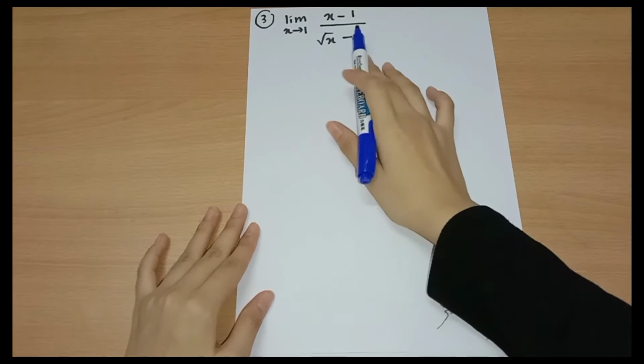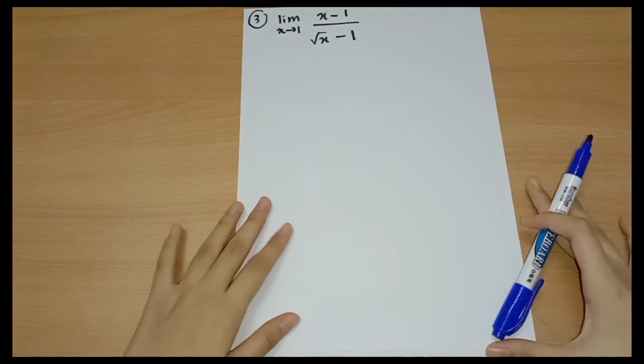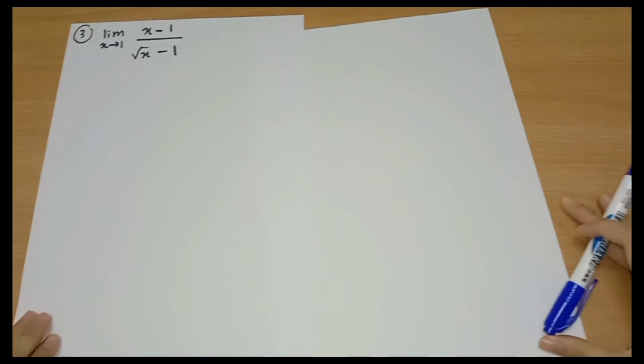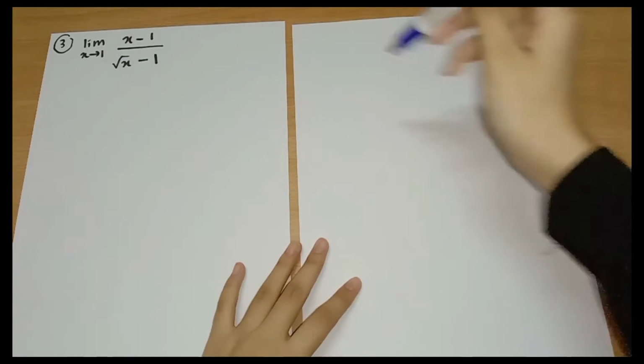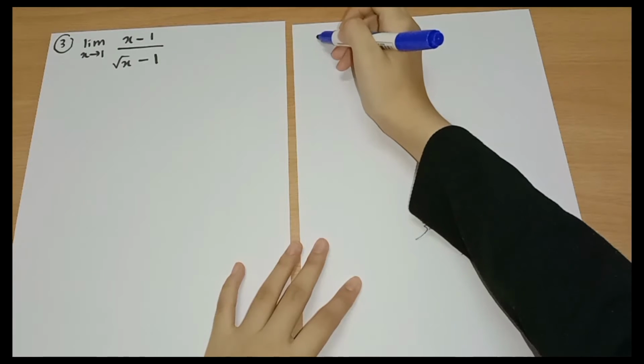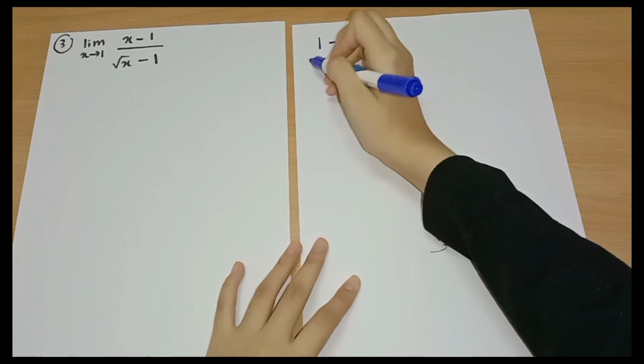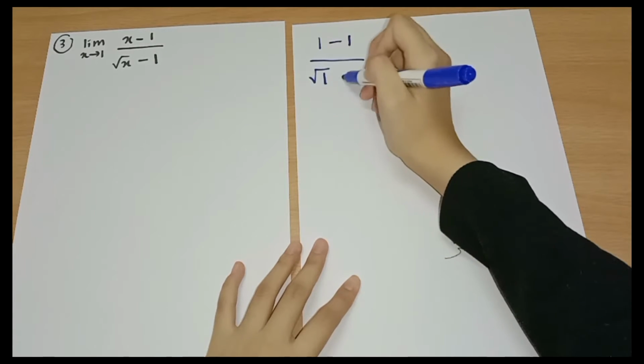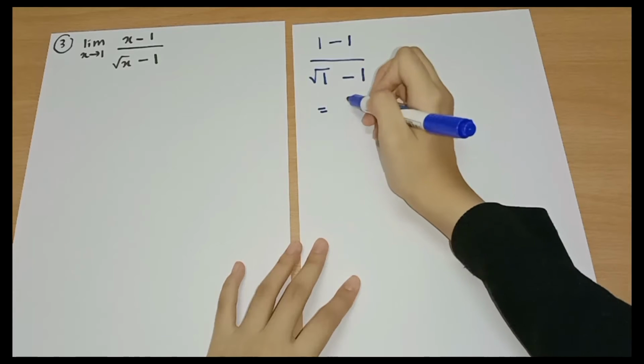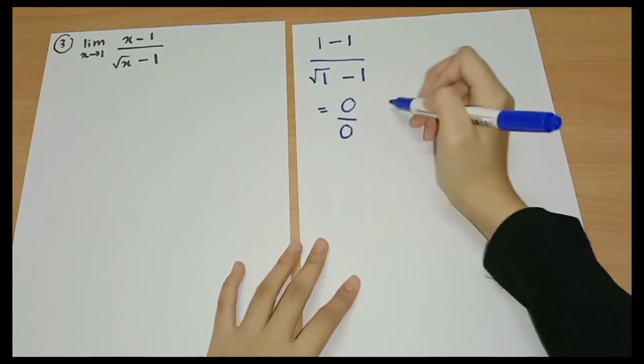Limit for this function as x approaches 1. So let's say we directly substitute 1 into x, and we'll get 0/0, which cannot.